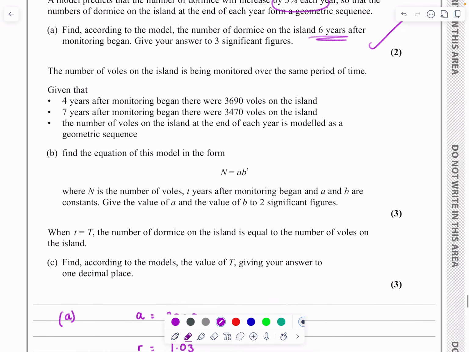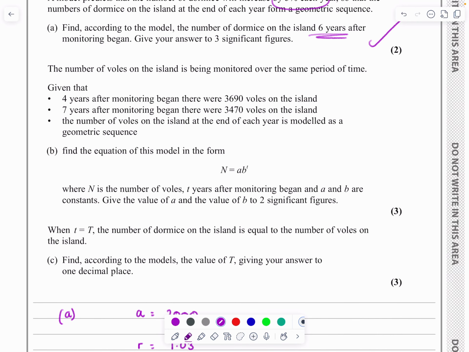For the second part then, when it starts talking about the number of voles, we've got this as being our model formula. We are told that 4 years after monitoring, there was 3,690. 7 years after monitoring, there were 3,470.